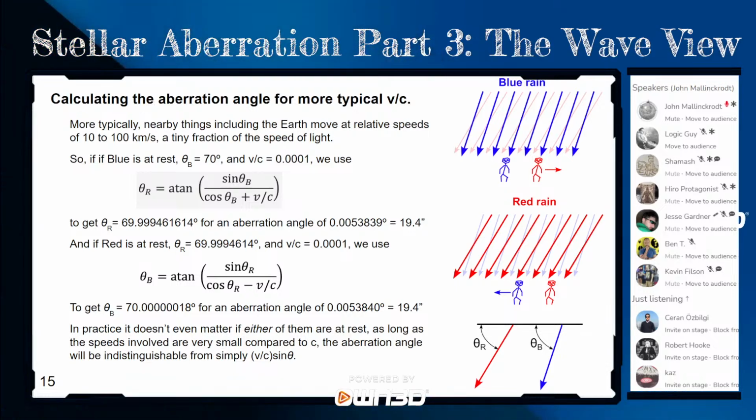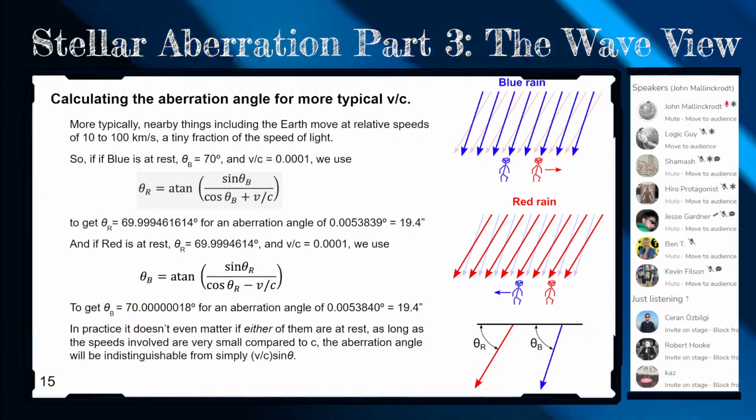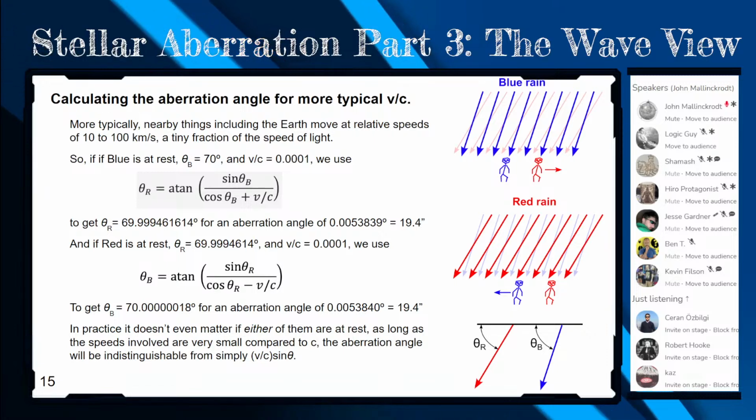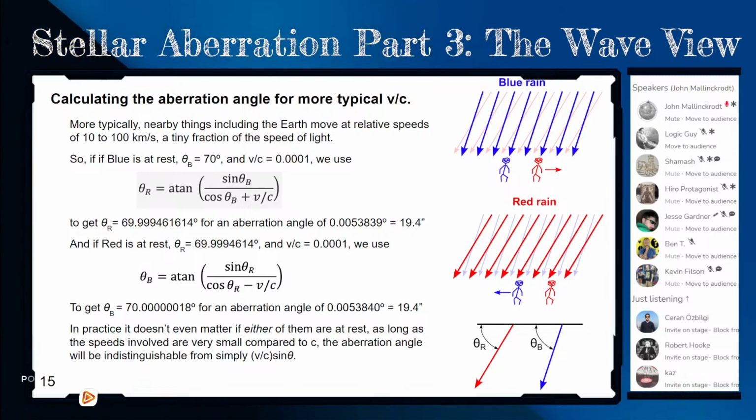As long as the speeds are small compared to any velocities relative to the ether, the actual formula for all practical purposes is simply v over c times the sine of the angle that you see.